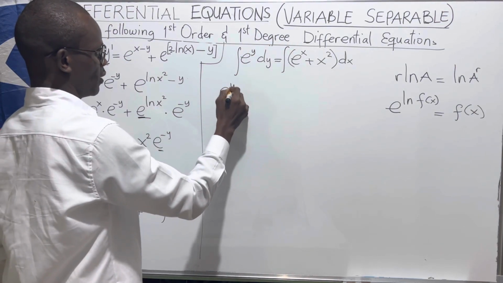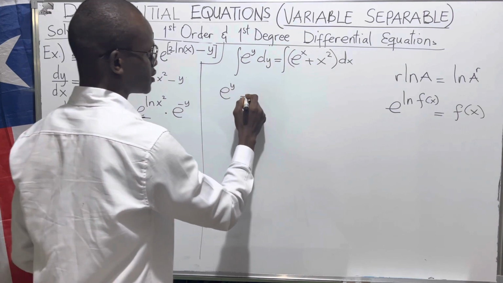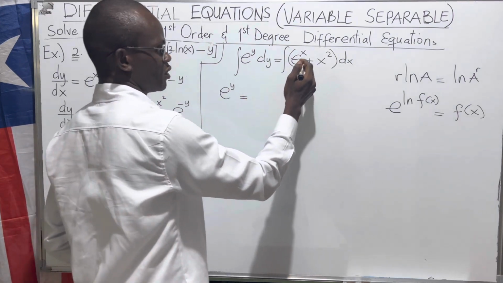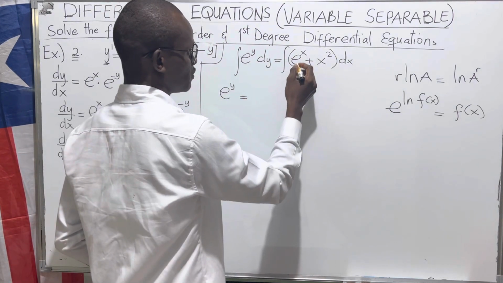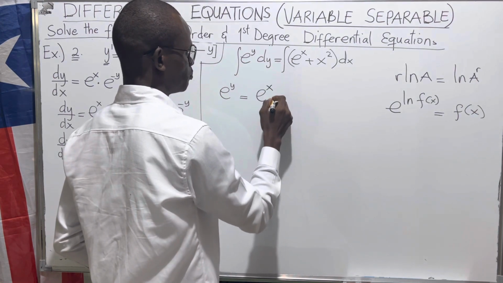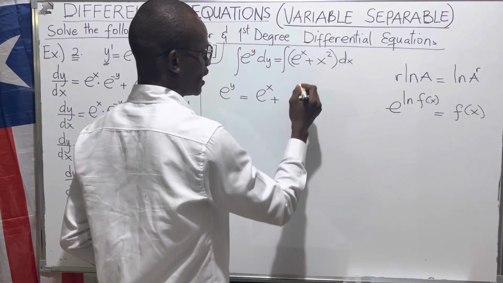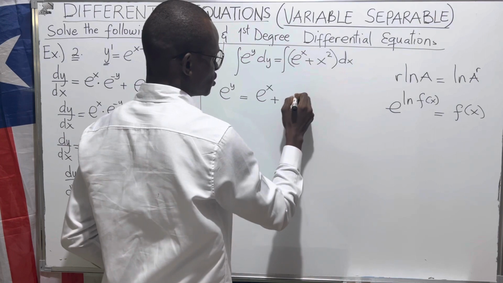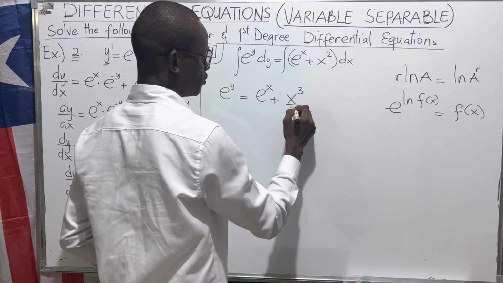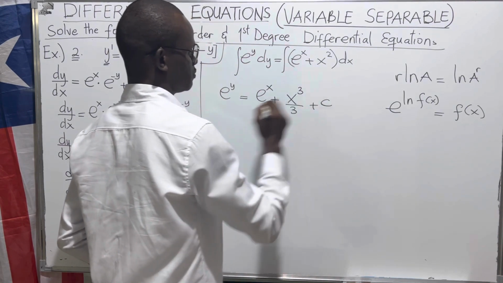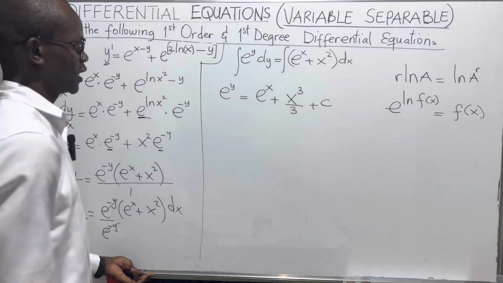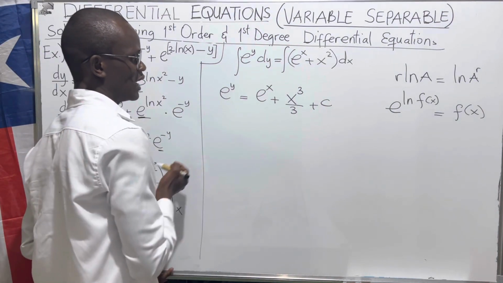So just e raised to the power y equals, we also know that the integral of e raised to the power x is e raised to the power x plus the integral of x squared. Now you add 1 to the power, which is x cubed, and you divide by the new power 3. So we attach plus arbitrary constant c. Now we want to solve for y.